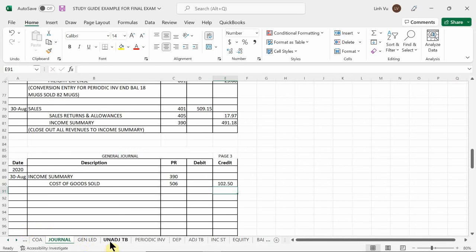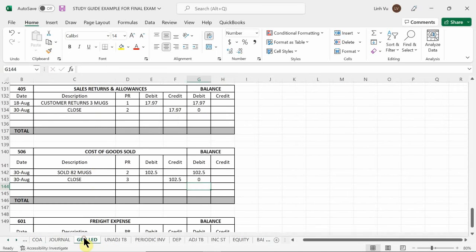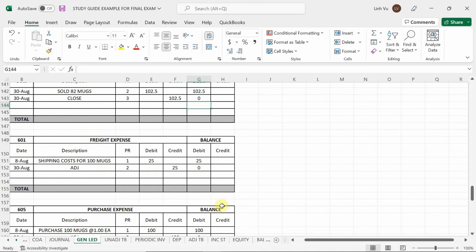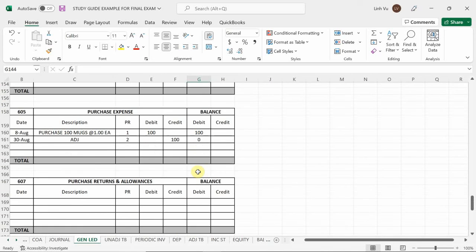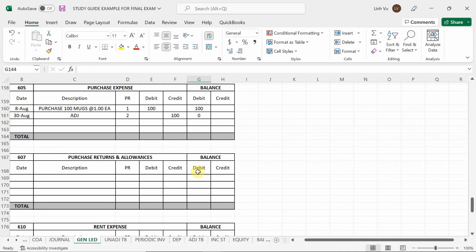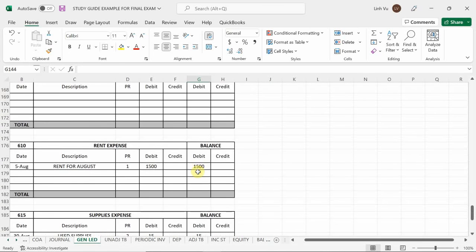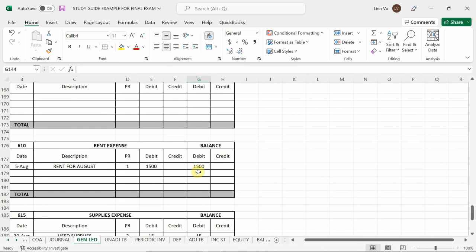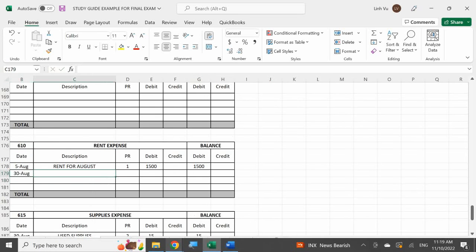What is my next expense account? Freight expense. Does it have a balance? No balance. Same thing with purchase expense and purchase returns and allowances, nothing there. So the next one is rent expense. Let's close out the rent expense. 830.